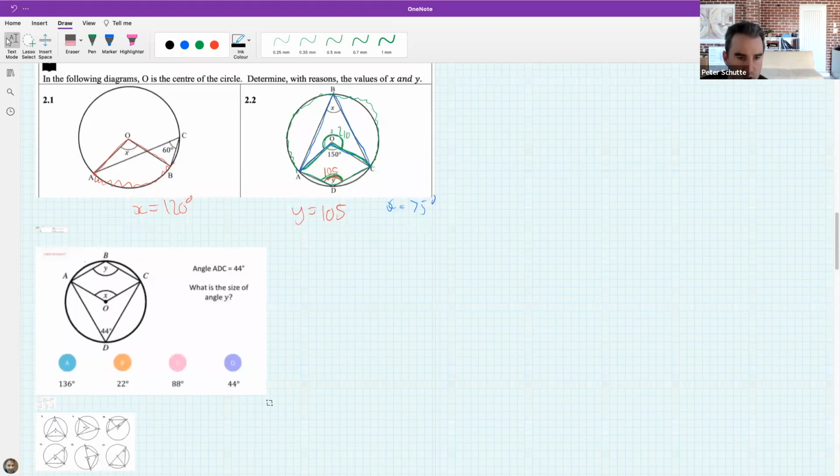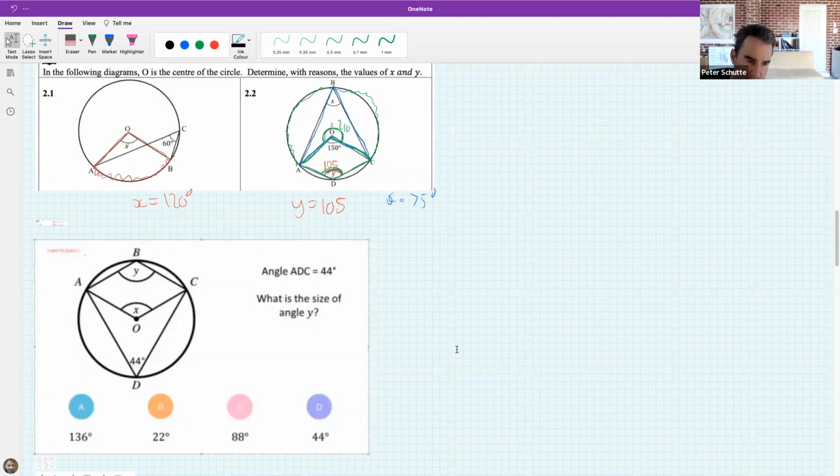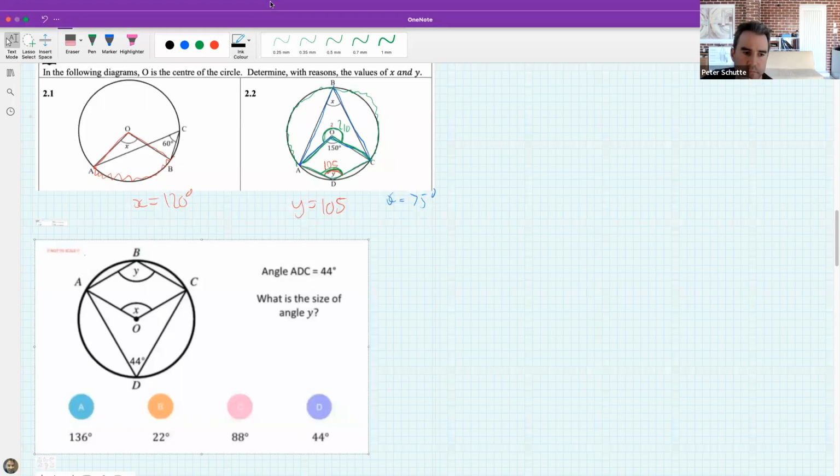So I'll leave the examples on the screen so you can see them. You tell me, is it A, B, C, or D? Have a look at that. See what you can do. So read the question carefully here.